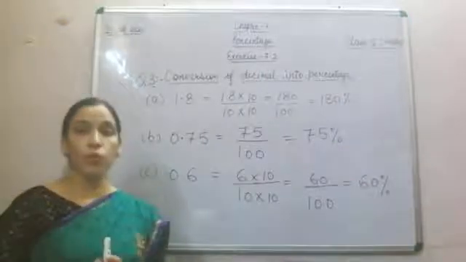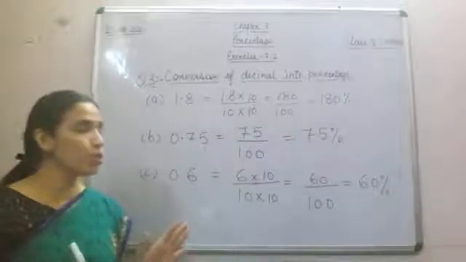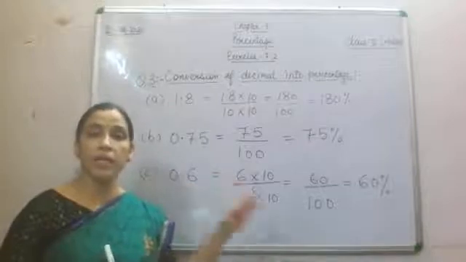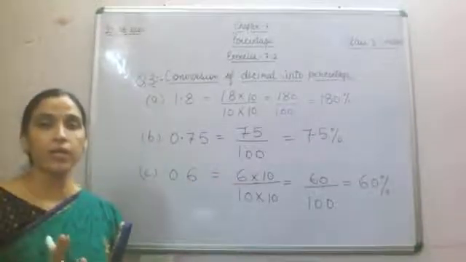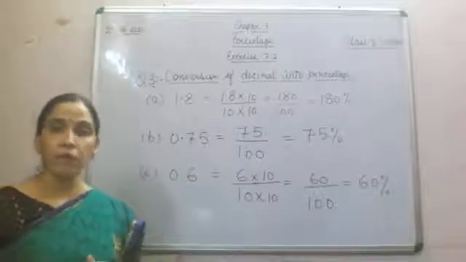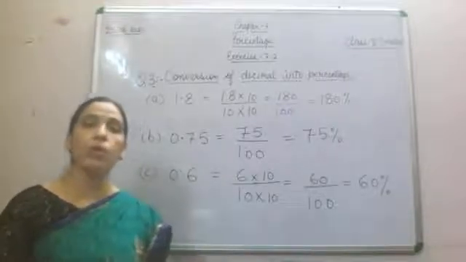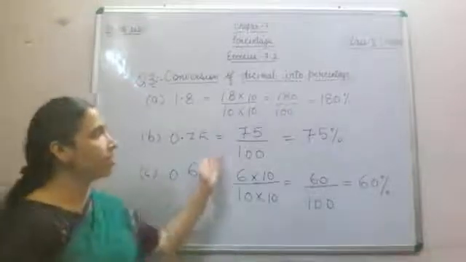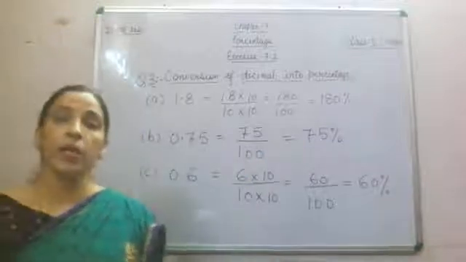Here you have to keep in mind that to change any fraction into percentage, you require 100 in the denominator. If you want to change any decimal into a fraction, and then the fraction into a percentage, you require 100 in the denominator.